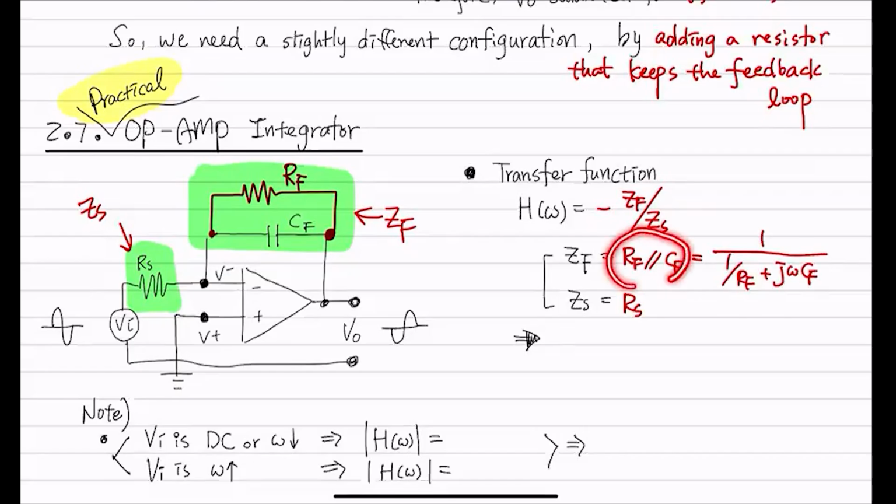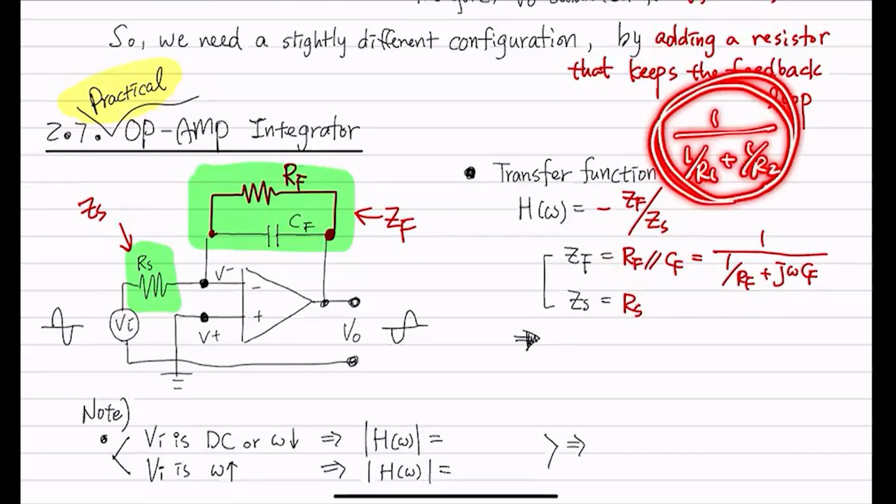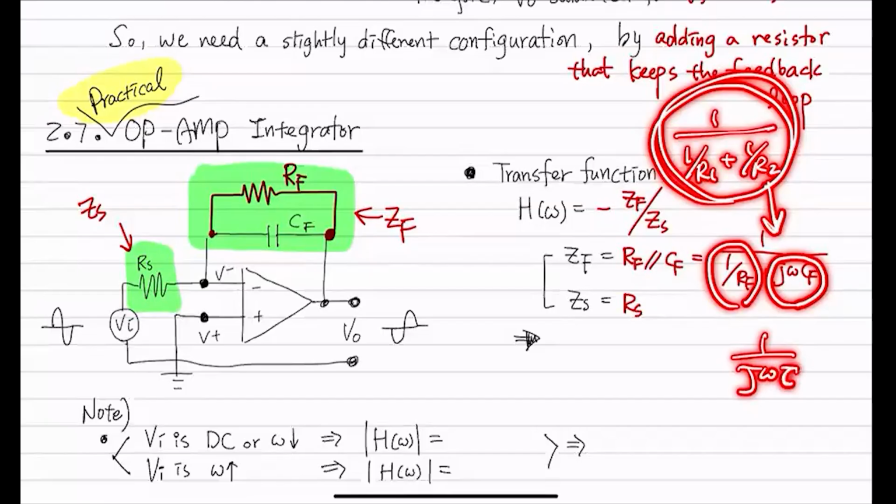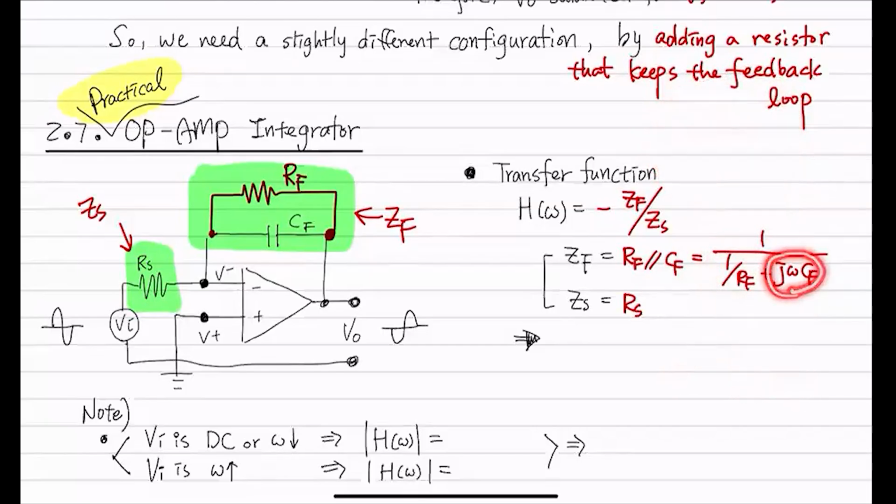You know, the parallel thing is 1 over R1 plus 1 over R2, this kind of format, right? So that is just applied here, 1 over R, and ZF is actually 1 over J omega CF. So we do another 1 over, so that becomes just a single number. So the impedance of this feedback thing is given as this whole equation, and the impedance of this guy is just RS.